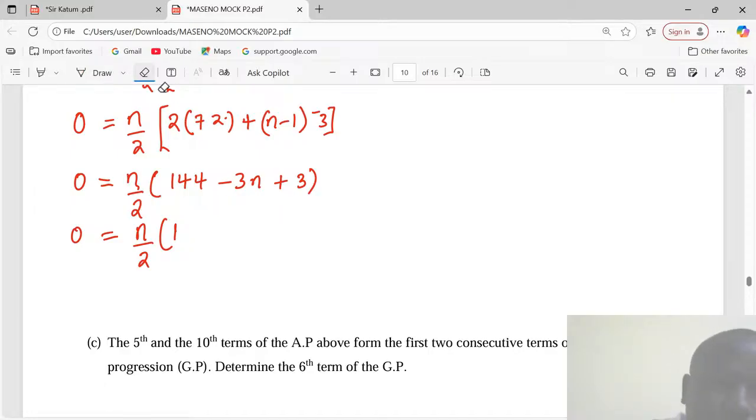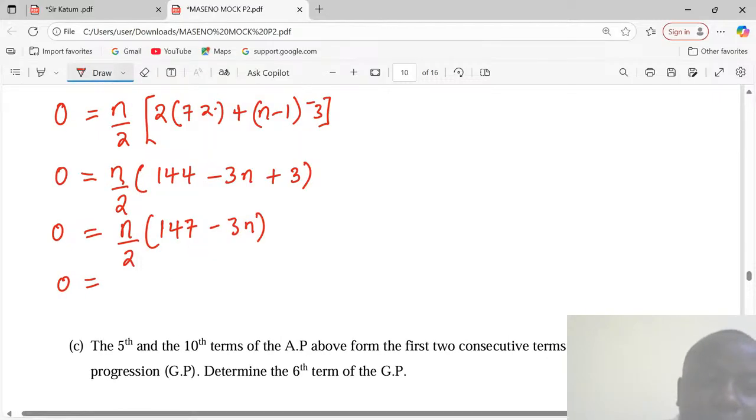I hope that is well computed. Let's also know that we can multiply through by 2. 0 times 2 becomes 0, and by 2 here it shall only be n, which can still open brackets, so that we have 147n minus 3n squared.